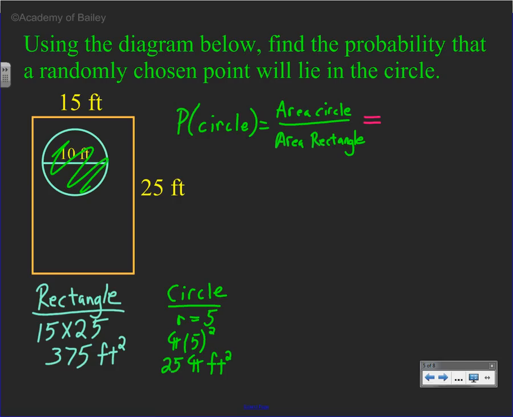So the area of the circle is going to be 25 pi square feet, and the area of the rectangle is 375 square feet. The square feet cancel each other out, and so now we're going to just type 25 pi divided by 375 in the calculator.